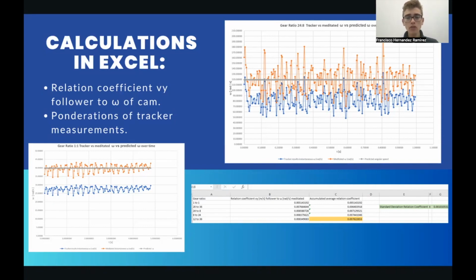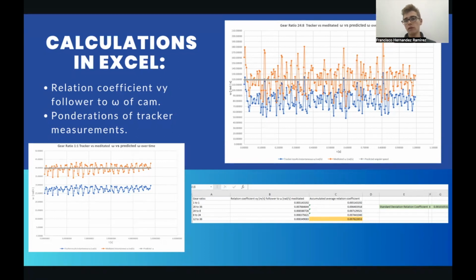Now, we also calculated the relation coefficient between the velocity of the follower on the y-axis and the rotational speed of the cam. We basically did this by getting the maximum speeds of each little cycle or period throughout the whole interval of the follower.